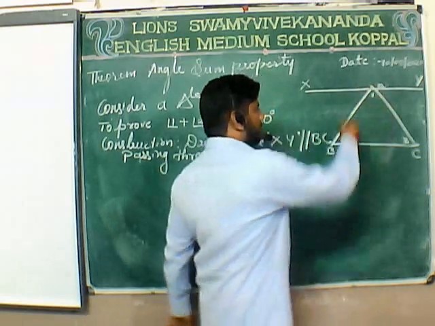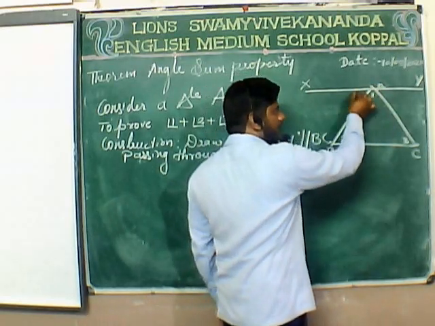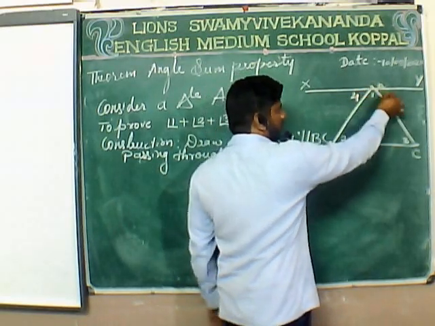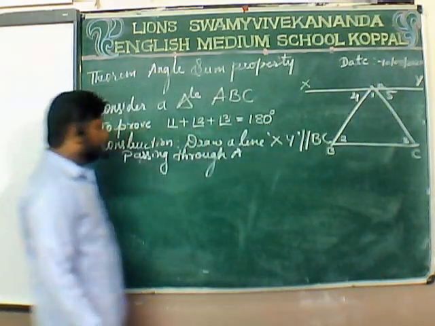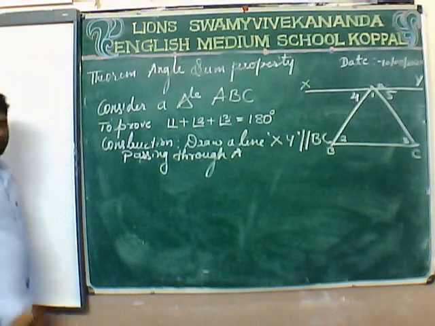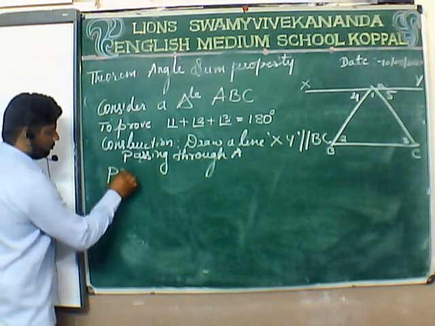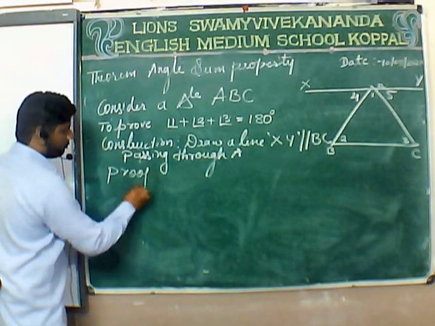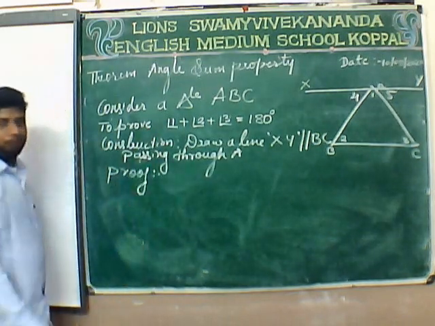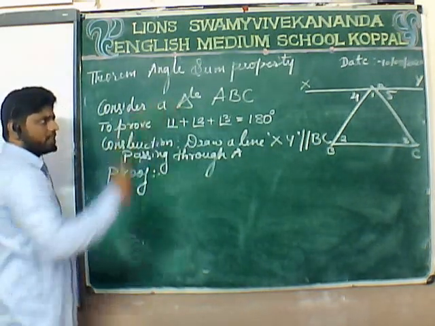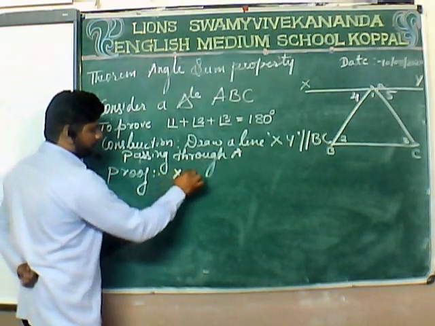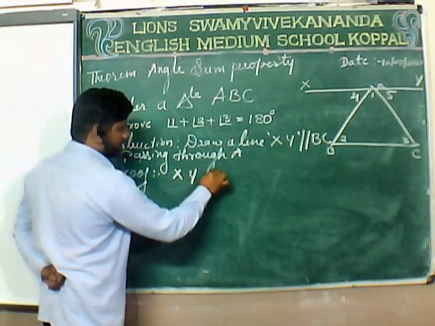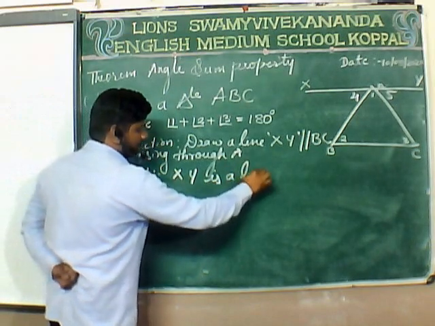So name this, here it made an angle. So name it as angle 4 and name it as angle 5. Now let us see the proof here. Proof. What is the proof? XY is a straight line.